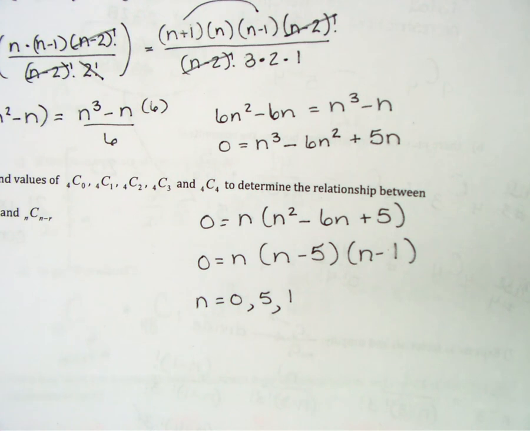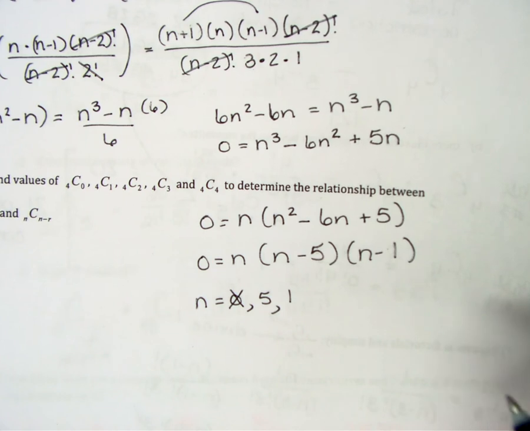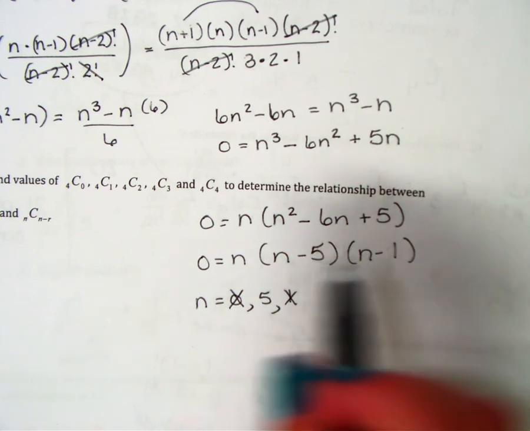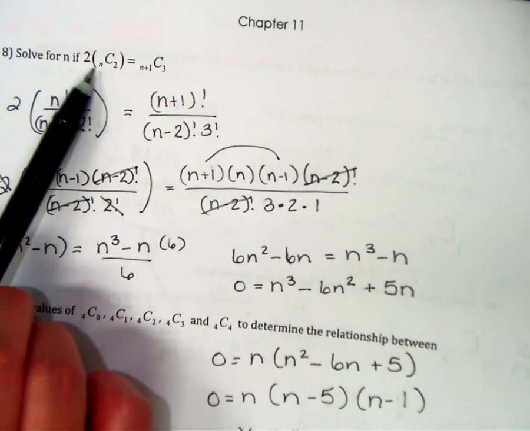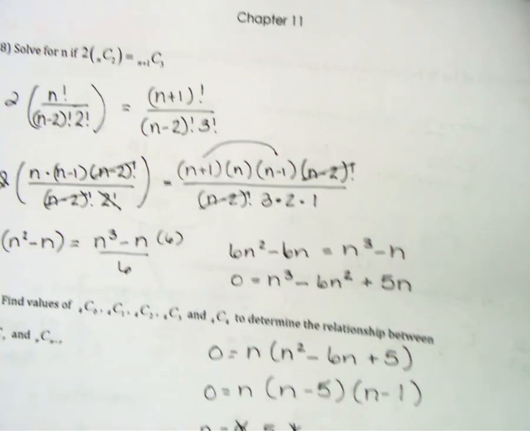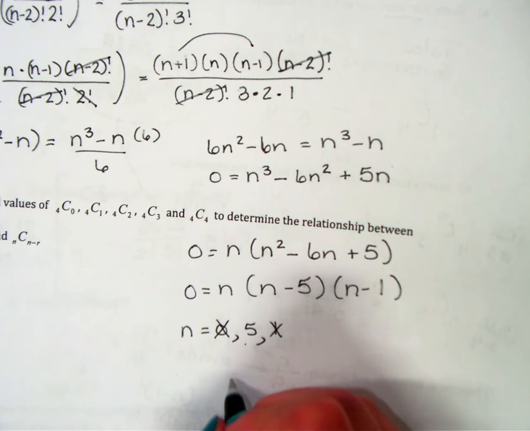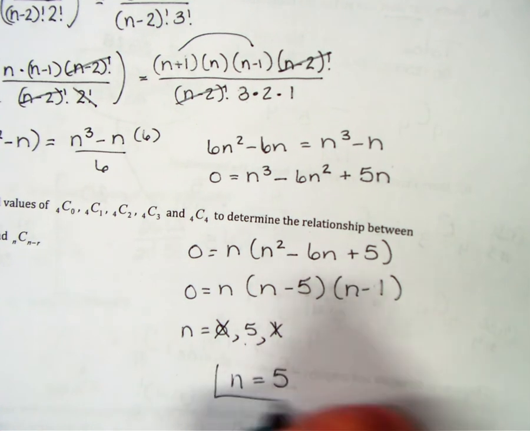It has to be bigger than r. So 1 gets rejected, because if I put 1 in here, 1 would be smaller than 2, which is bad. Does 5 work? 5's good. So my only solution is 5.